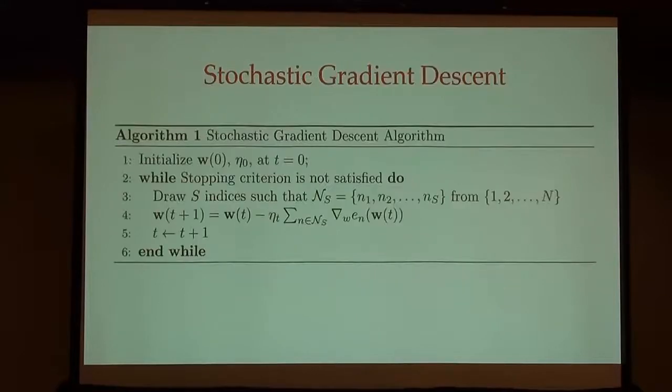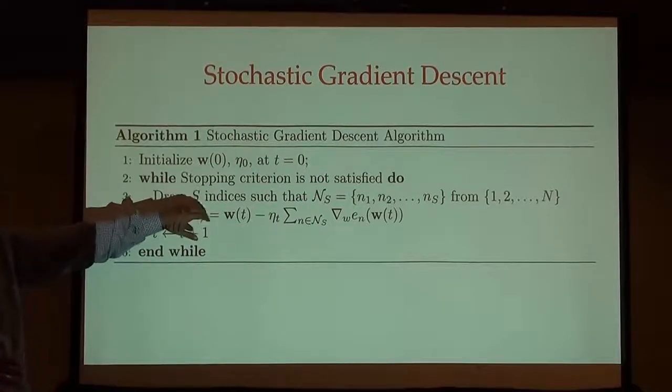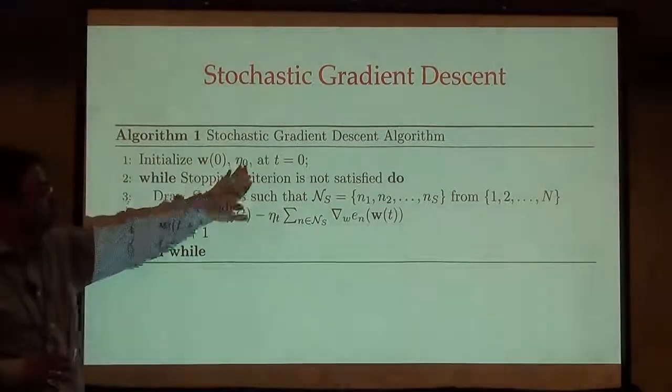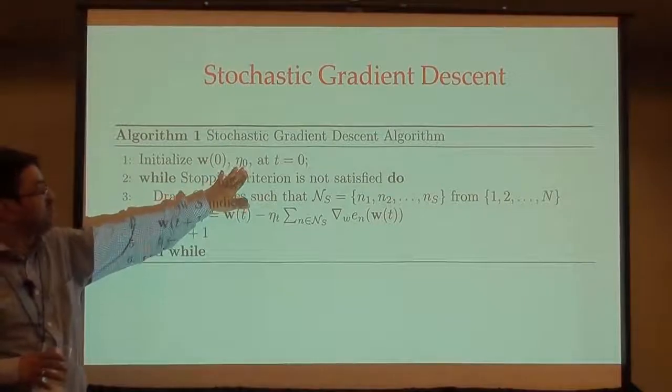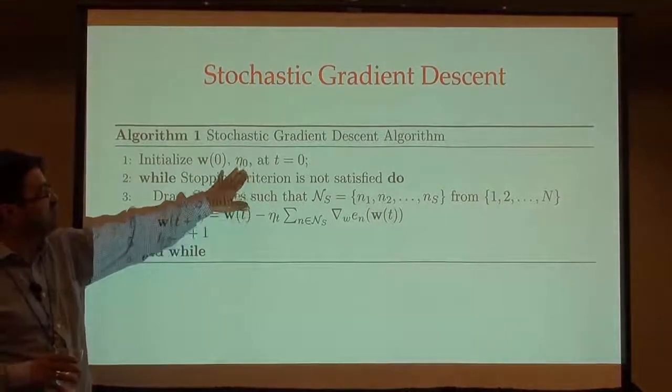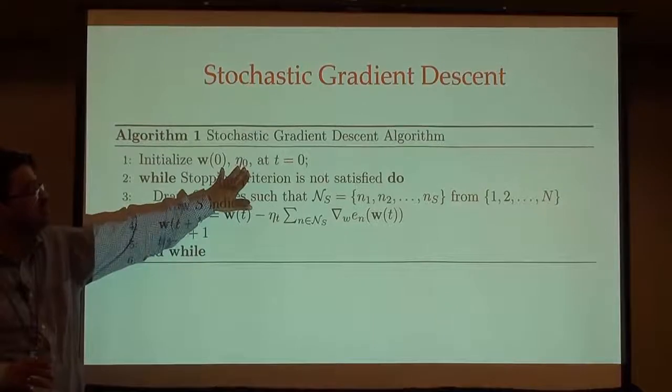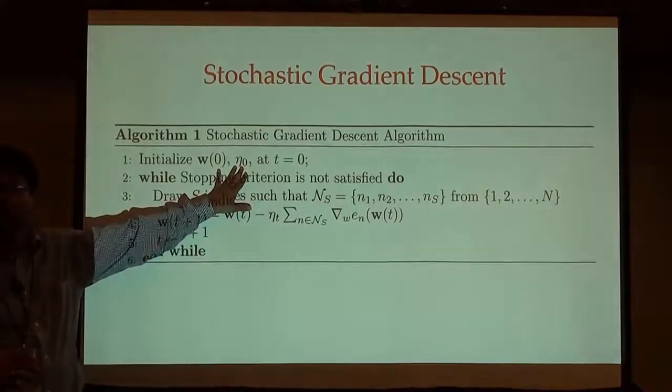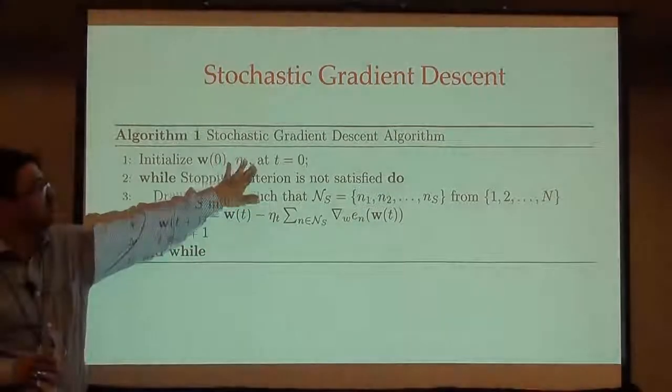So I already talked about how to choose the step length. This is what current versions of stochastic gradient descent do. Initialize at some W0 and you have eta 0. In the optimization literature, people have lots of literature on how to compute the optimal step length. But in terms of learning, you don't do that.